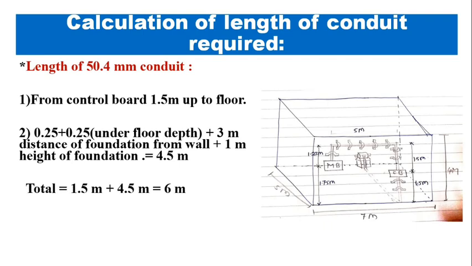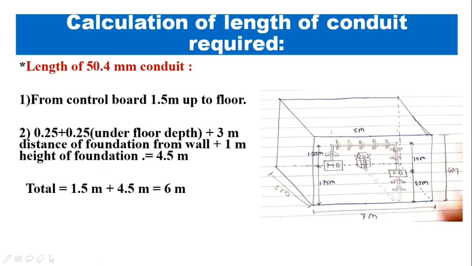means 0.25 meter below here and 0.25 meter below here, depth in ground. So add this depth 2 times, 0.25 here and 0.25 here under the floor, plus the 3 meter distance of the foundation from the wall. So from this foundation to this end, the distance is 3 meter. So add 3 meter here also. Then next, from upside, this foundation height is 1 meter.